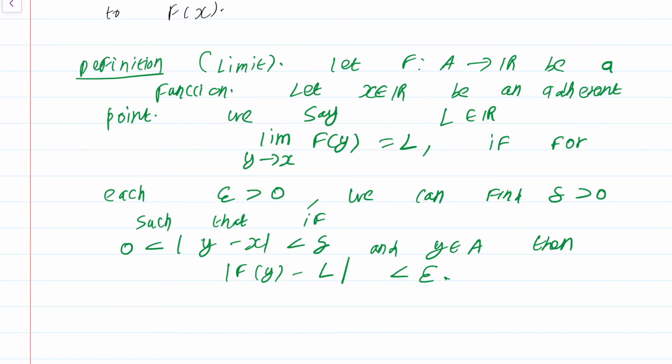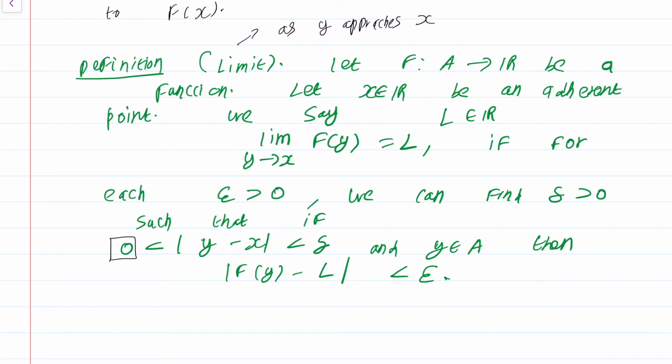The only difference is we are specifying this 0 less than mod y minus x is less than delta. The reason is this is the definition of limit as y approaches x. If I did not put this 0 less than, the point x certainly satisfies mod x minus x is less than delta, and if it happens that x is in A, then you can just see that something is going to go wrong.